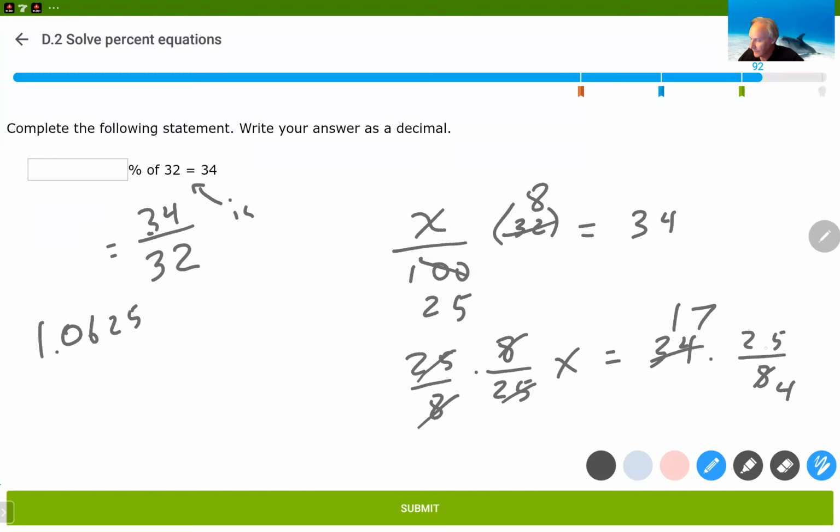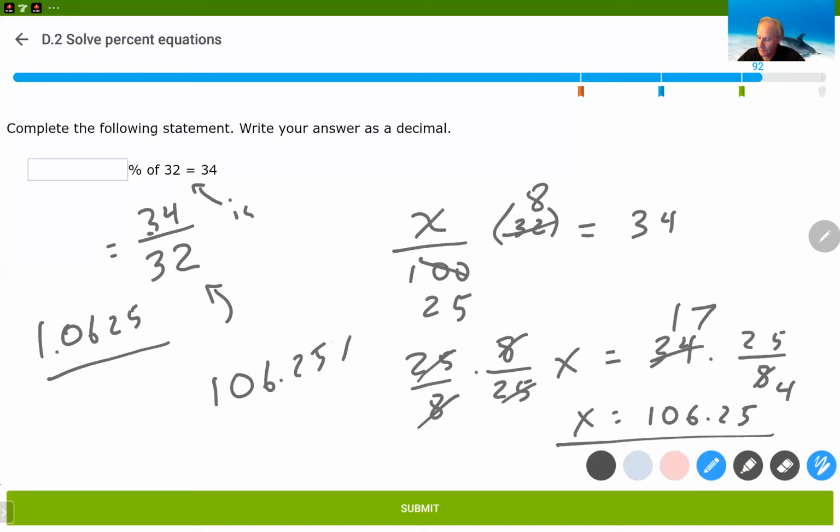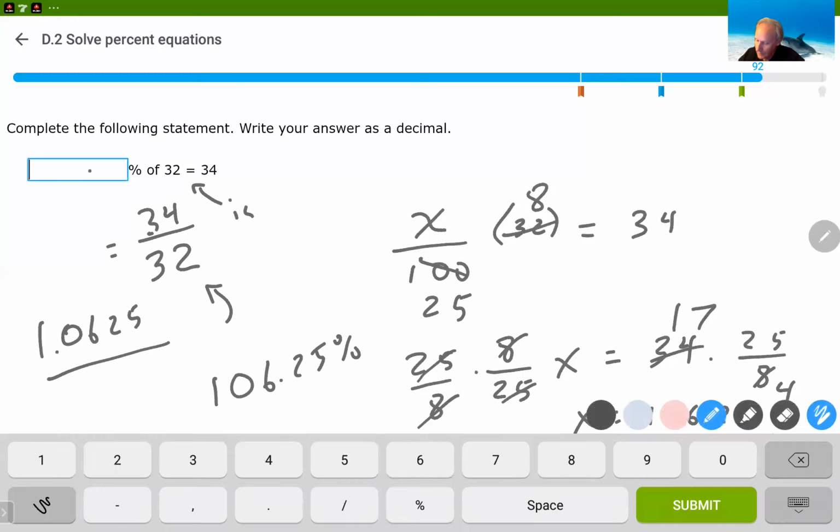And if I multiply this and divide by 4, I'm going to get 106.25. That's my x. This is my actual decimal for that fraction, and that is 106.25%. Does that make sense? That 34 is a little more than 32, and it does. I was thinking that one was going to be a little bit easier as far as the decimals go, but nope.